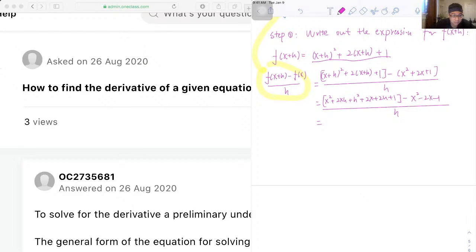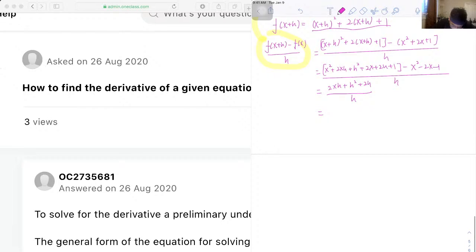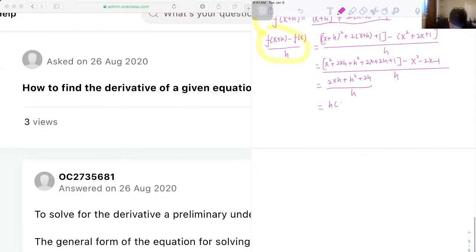And then we just combine the like terms, which will give us 2xh plus h squared plus 2h over h. And we can take h out of the numerator. So that's going to be h times (2x plus h plus 2) over h.